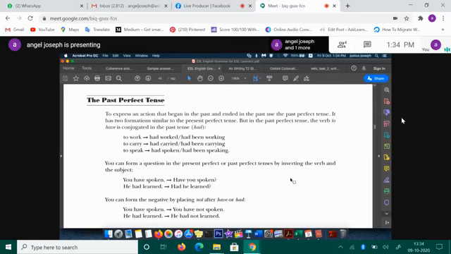So, as I said, let's begin with the past perfect tense. Now, in the present perfect tense, we had learnt that this word have, H-A-V-E, and has, H-A-S, were the two words used in the present perfect tense.